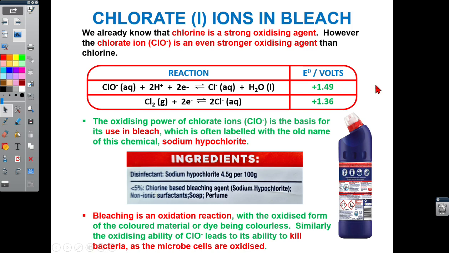So to summarize then, sodium hydroxide with chlorine, you need to know effectively 2 reactions here. Chlorine with cold aqueous sodium hydroxide, forming this chlorate 1 ion, which is a main constituent of bleach. But also chlorine with hot aqueous sodium hydroxide will give you the chlorate 5 ion, and that's a main constituent of weed killer, although I don't think that is on the syllabus anymore, but it's an interesting fact nevertheless.